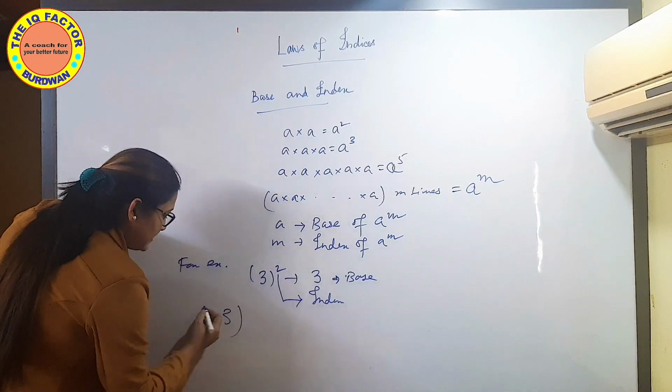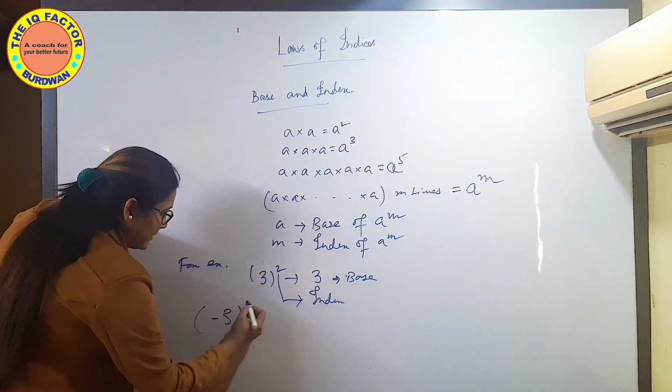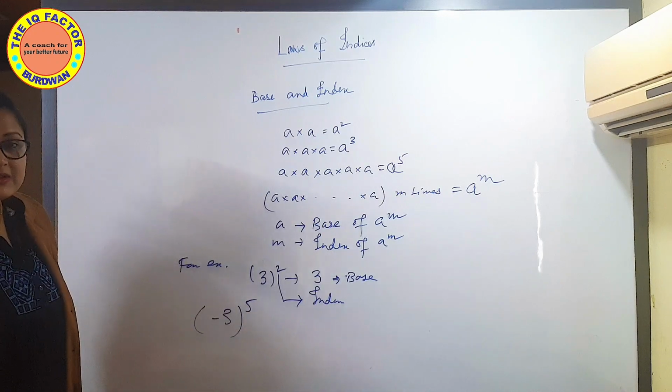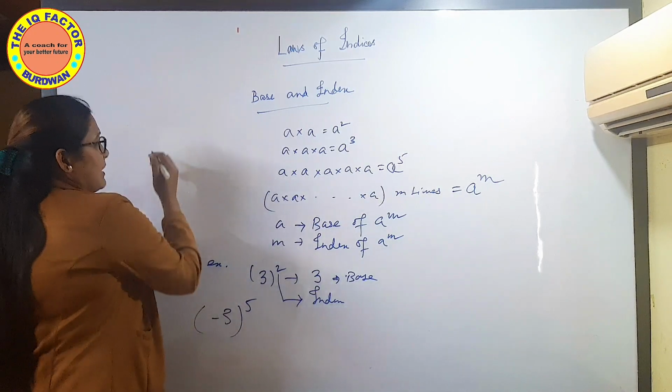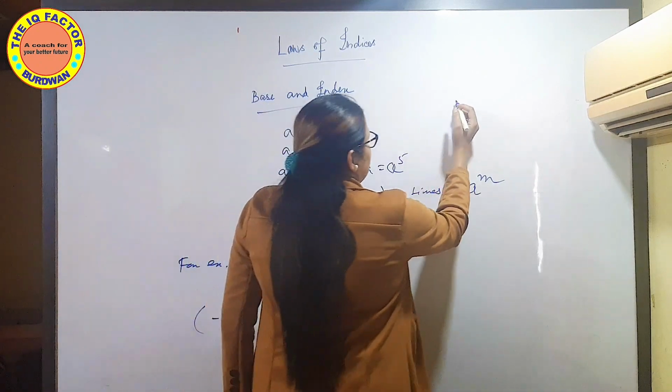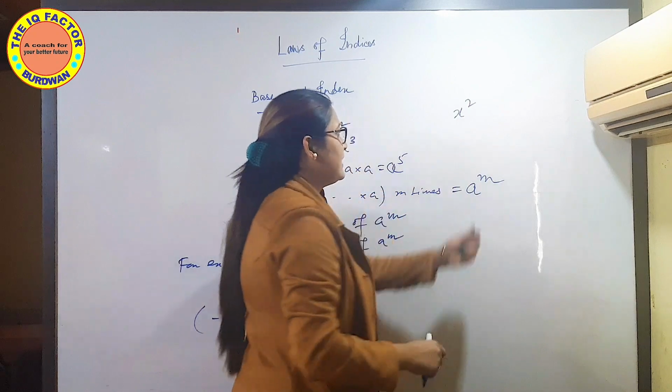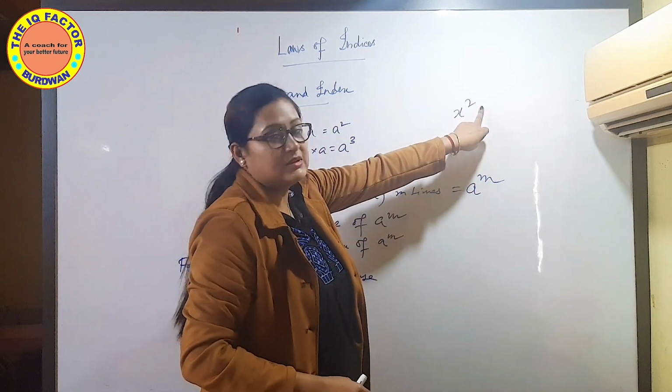If we write minus 3 to the power 5, so minus 3 is the base and 5 is the index. And we know x square: x is the base, 2 is the index.